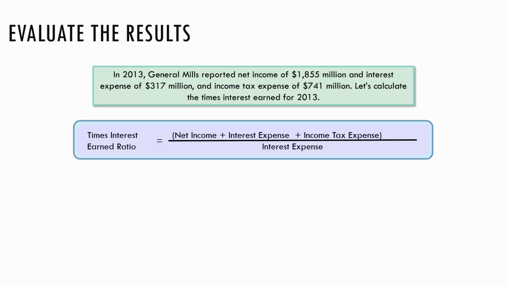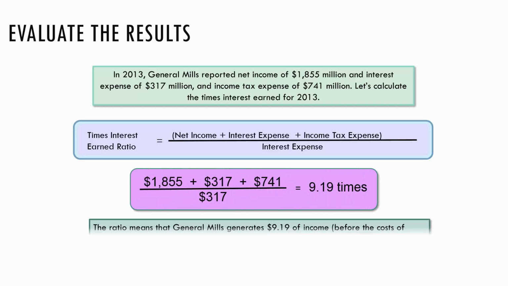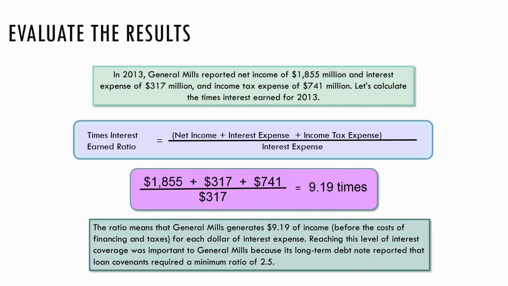If you make enough in net income, which implies you have enough in cash flow, then you will be able to cover those interest payments. The interest payments are not going to be so great. In this case, to get at this number, which is net income before interest and taxes, you take net income, add back the interest, add back the taxes, and divide this by the interest, and you get 9.19.